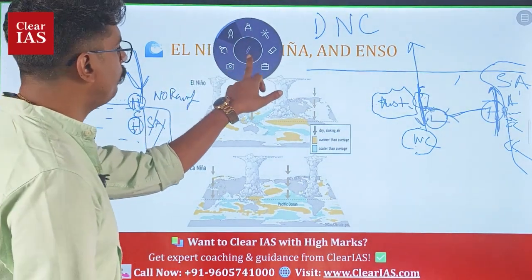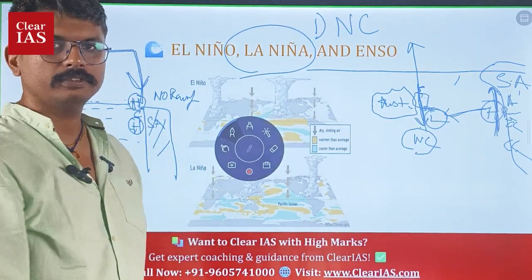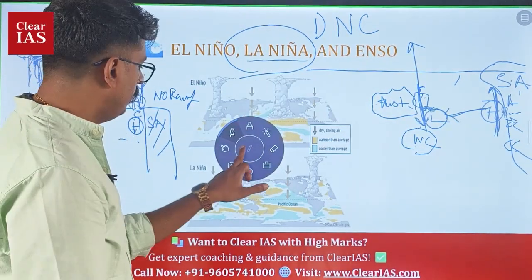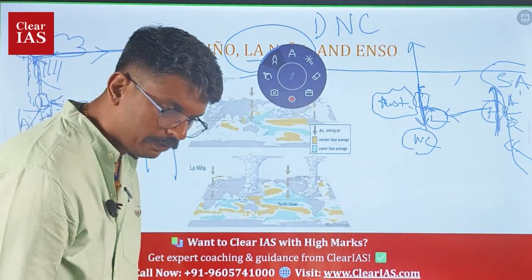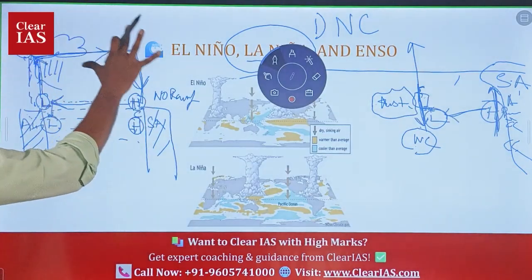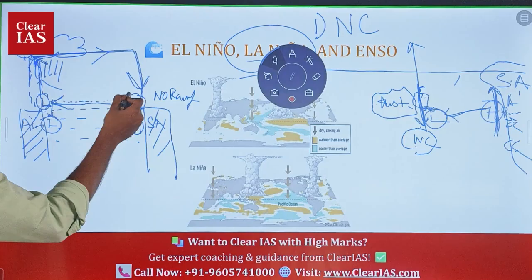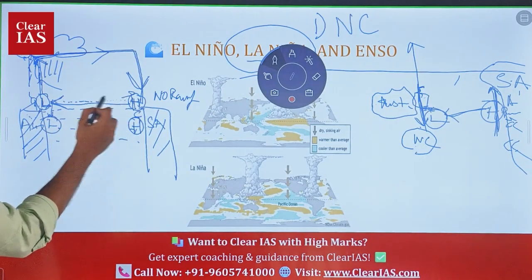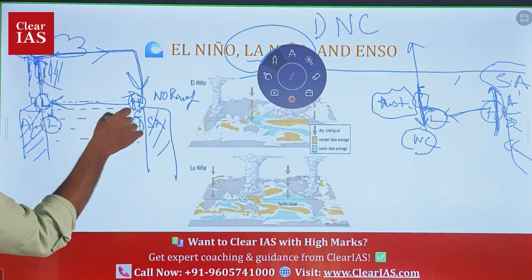Now we will go to the next condition, La Nina. Okay? La Nina. Everybody understood normal condition, yes or no? Very good. Now, if the normal condition becomes more powerful, powerful high pressure, powerful low pressure, wind faster, rainfall more in Australia, dry in South America.